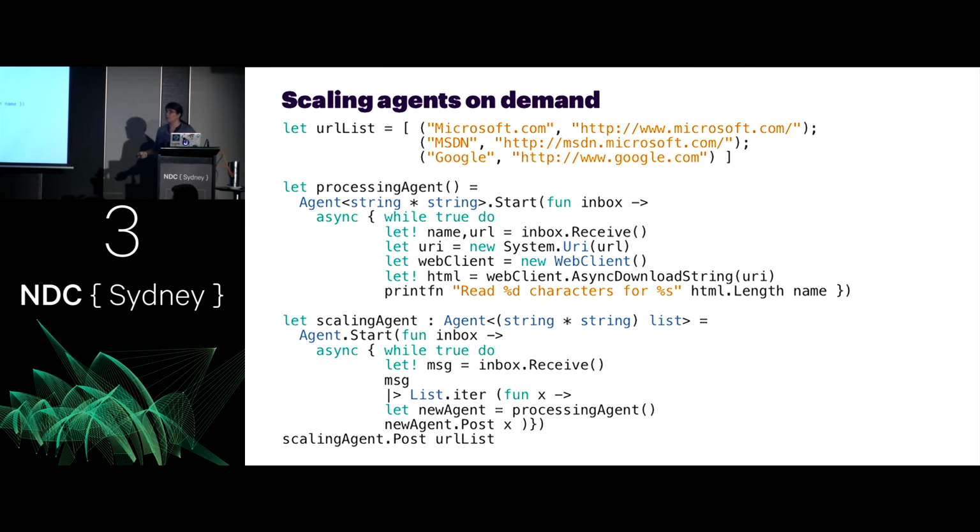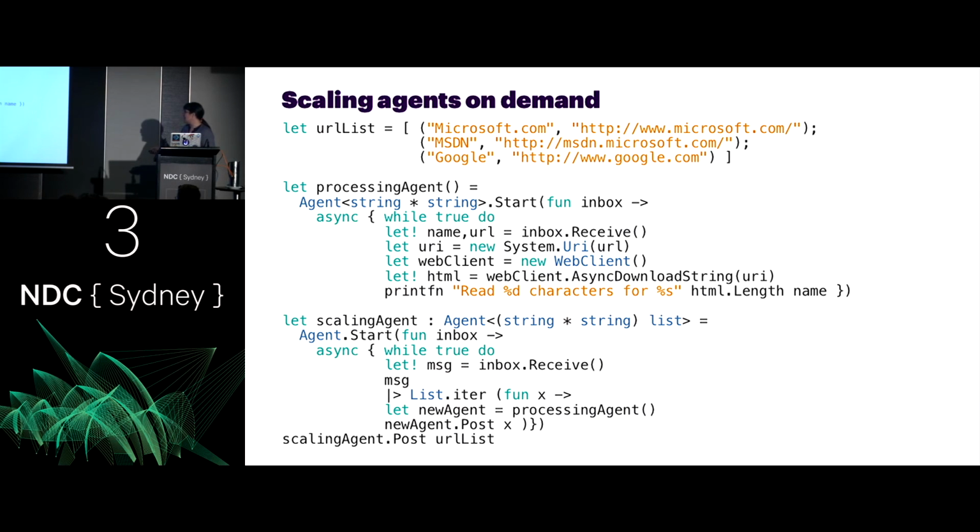So we're just iterating through each one of those. We could also, if you wanted to, make this an array and do an array.parallel and process those in parallel. But the point is, we're automatically spinning up a new instance of this processing agent for each item in this list, just as we need to. We could do this for, if there are 50,000 items in a list, we can spin up a new actor for each one of them, handle all of that asynchronously, and then come back.